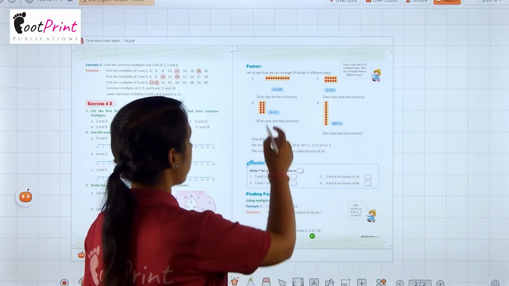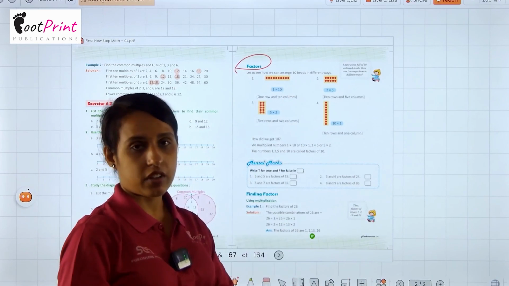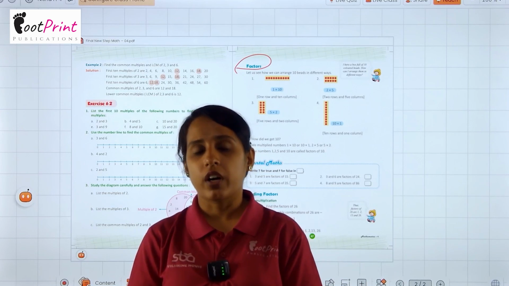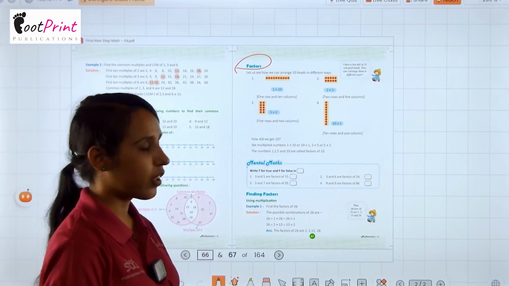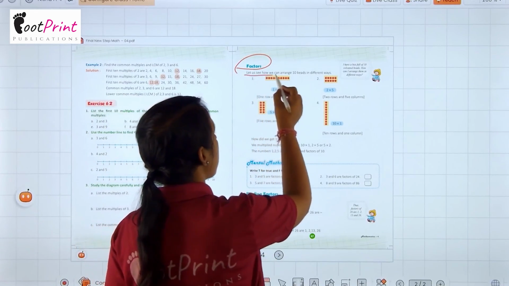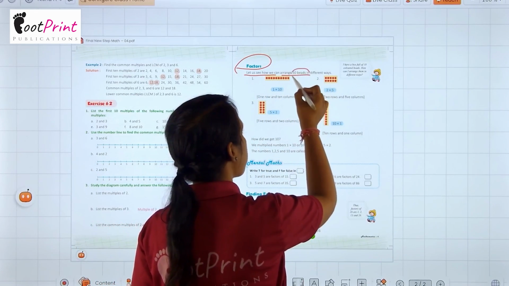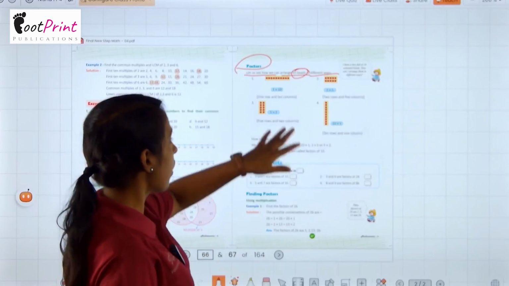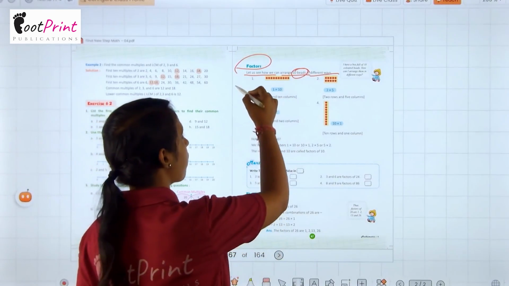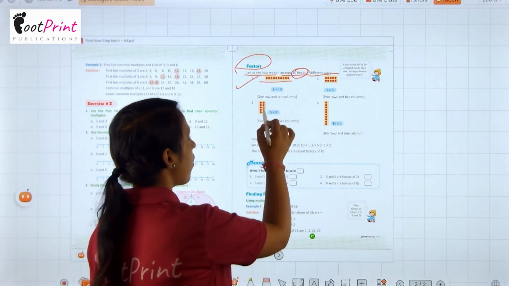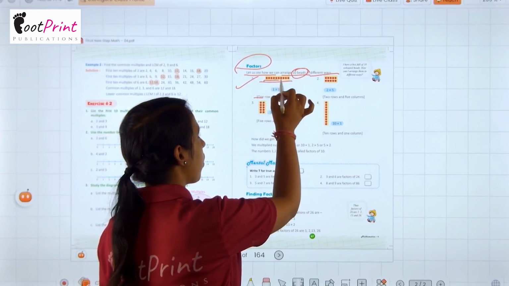Now we will move to the next topic, factors. So we learned what multiples are. Now we will learn what factors are. Okay. So let us see how we can arrange 10 beads in different ways. So here are 10 beads and we have to arrange these beads. First, we have one row and 10 columns.